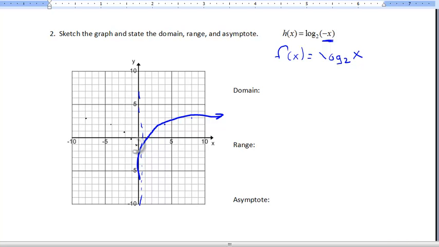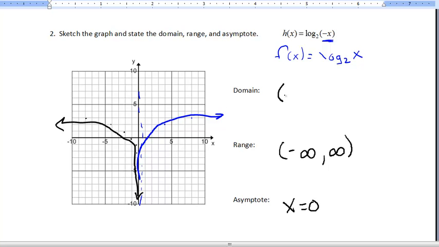Also negative 1/2, negative 1, negative 1/4, negative 2, and the graph is going to look something like that. Again, the asymptote is still x equals 0. The range is all real numbers because it goes down forever and goes up forever. And our domain is going to be from negative infinity to 0. And so that's how we go about that problem.